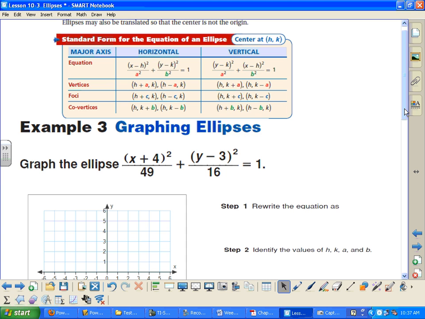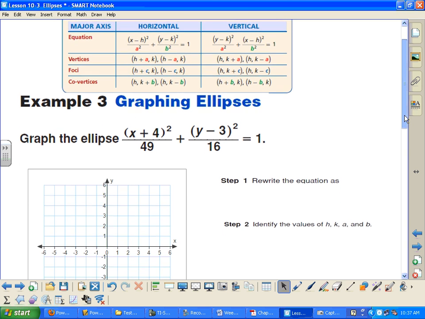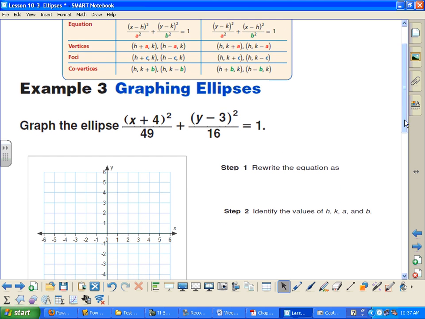And you notice where we talked about the confusing part, because this looks just like the equation for a circle, doesn't it? Except I have A squared and B squared in the denominator. So it's very similar to the equation for a circle, except with A squared and B squared in the denominator. All right, so let's talk about graphing then.